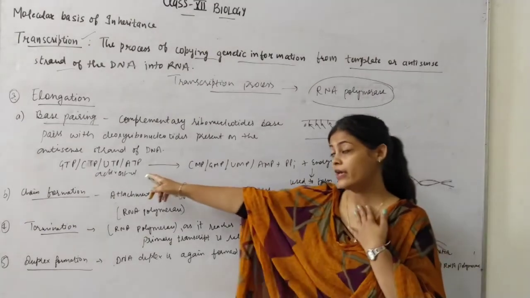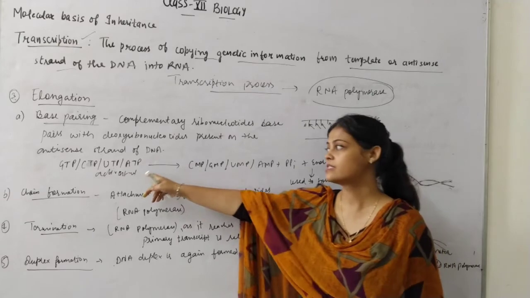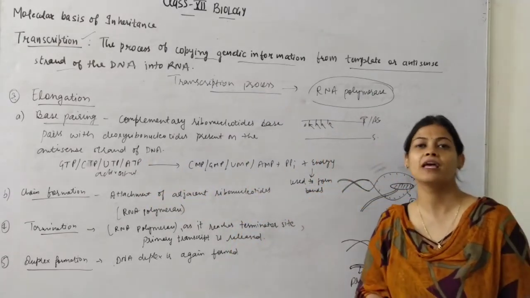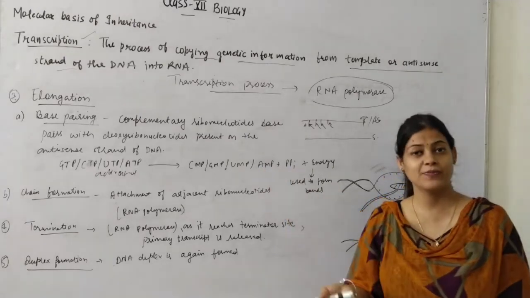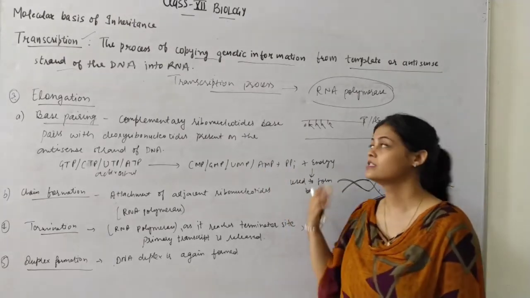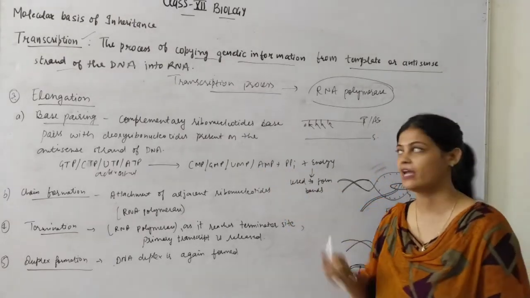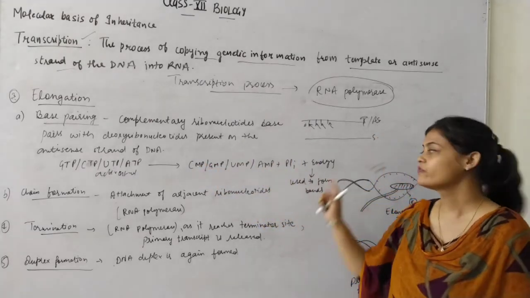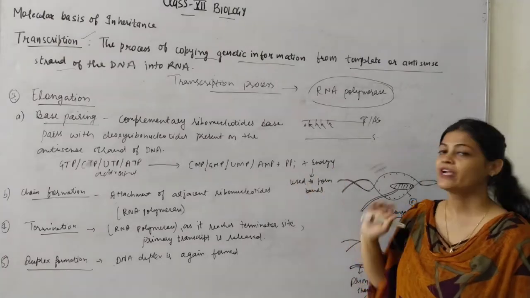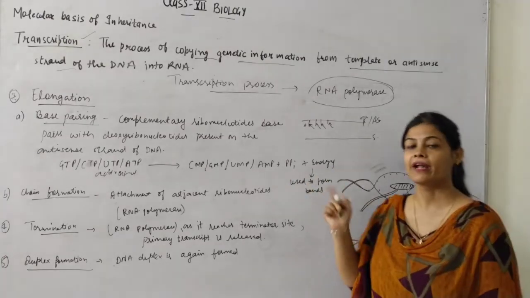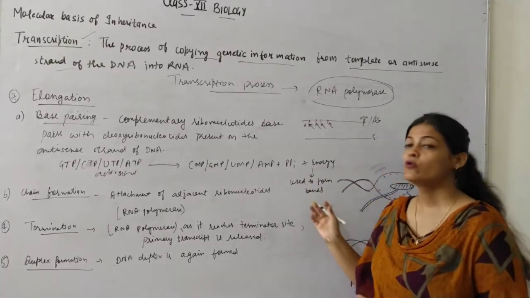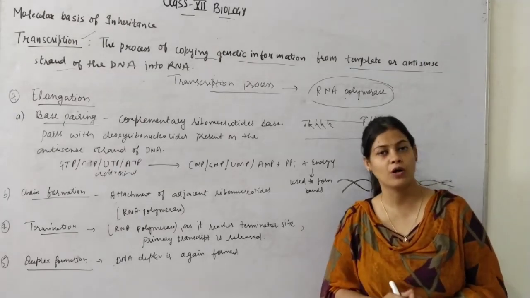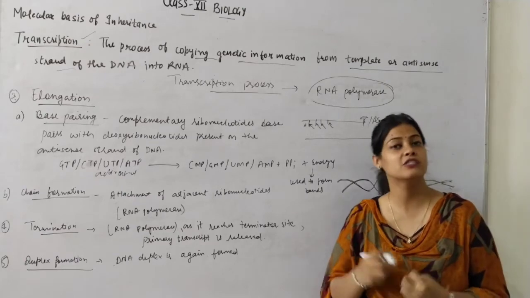So here I have shown the reaction or the process like GTP, CTP, UTP or ATP. They were the activated ribonucleotides. When they base pair with the DNA, the sequence or the nitrogenous bases of the DNA or deoxyribonucleotides, they will be converted into monophosphates with the release of phosphate plus energy. क्योंकि उसको activated हमने इसीलिए किया था कि वो मोनो से ट्राई में कन्वर्ट हो जाए, because you know when the phosphate bond is synthesized, then energy is stored in it.